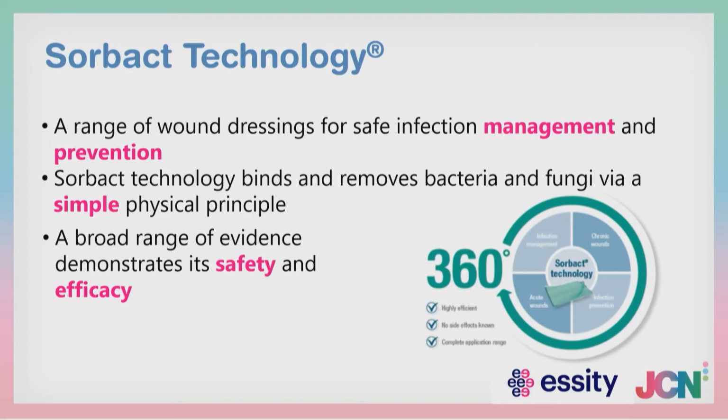I just want to talk a little bit about Sorbact technology. So this is a range of wound dressings for safe infection management and prevention. Sorbact technology binds and removes bacteria and fungi via very simple physical principles. A broad range of evidence demonstrates its safety and efficiency, so this can be used for acute wounds and chronic wounds.